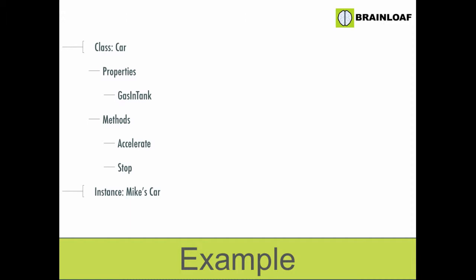And then an instance of a car might be my personal car. So when you think about the real world, there are lots of different types of cars. And then when you actually manufacture a car, that's the actual instance of the car. So you could think of it slightly that way. The class is kind of the blueprints for the car, and then once it's manufactured and running, that's the instance.